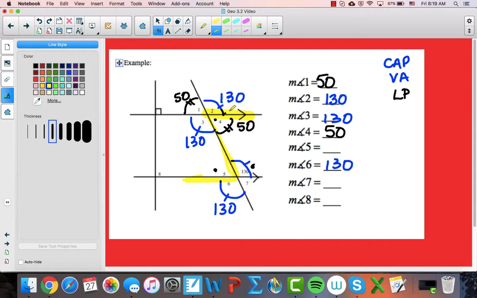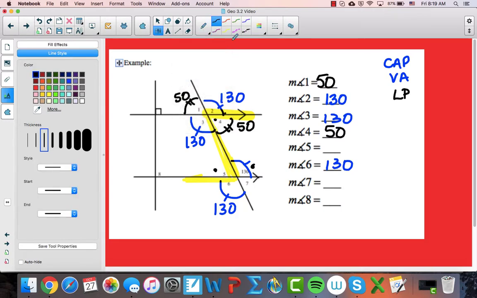They always form a Z. The top and the bottom of the Z are the parallel lines, and the connector of the Z is the transversal. So I can always look for those, and sometimes the Z's are funny shaped, but I wanted you to be able to see that. So that makes angle 5 50, and angle 7 is congruent to 50 because they're vertical angles, so that's 50.